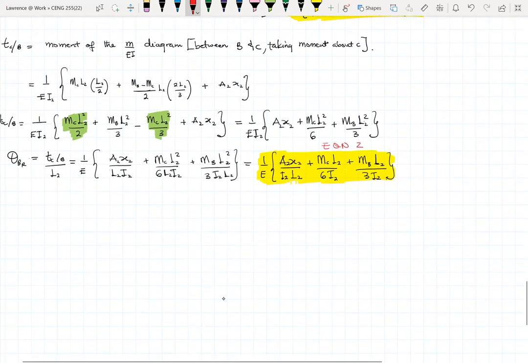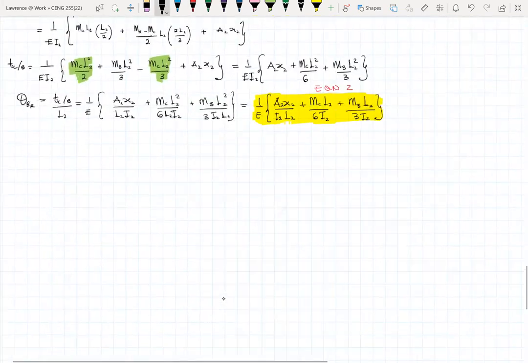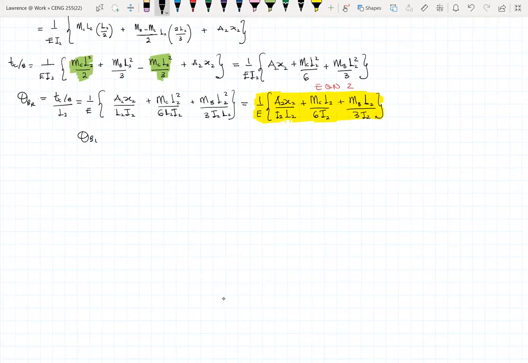So let's think, hopefully I've covered everything. Sum up equation 1, equation 2. So AX L2 over I2. I think this should work. Something I'm looking for, but I can't seem to find it. I think it's this one, maybe. Okay, so we know that theta B L plus theta B R equals 0.